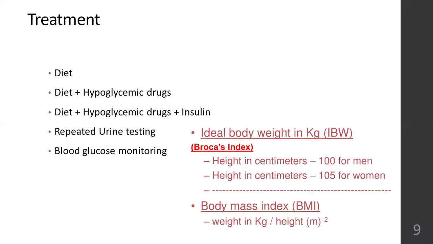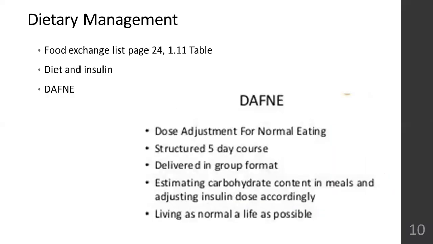Then Daphne, it is dose adjusted for normal eating. Okay. Dose here refers to the insulin dose as well as the hypoglycemic drugs dose, adjusted in such a way that it does not feel very new to the person to eat the food that they were regularly eating.